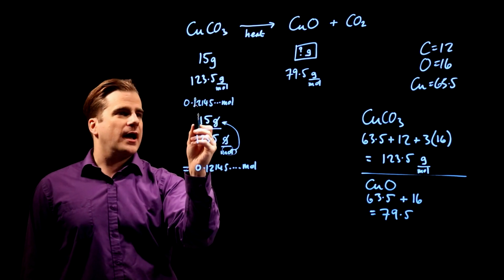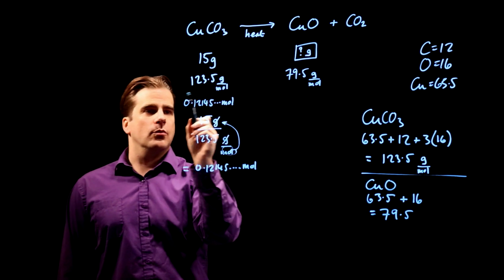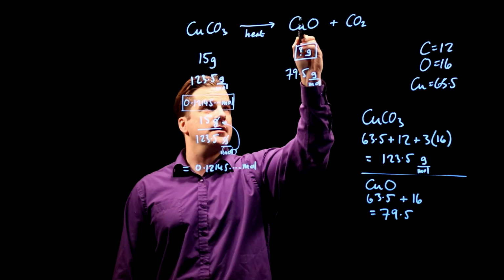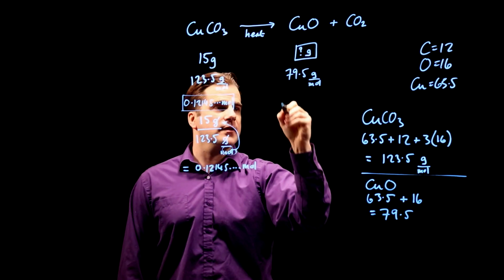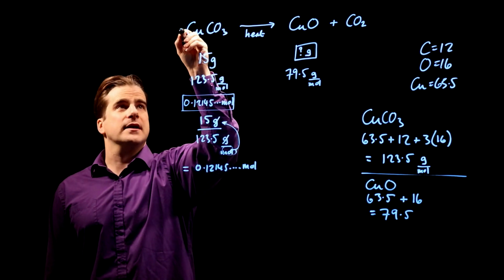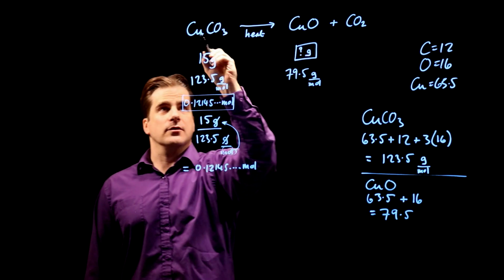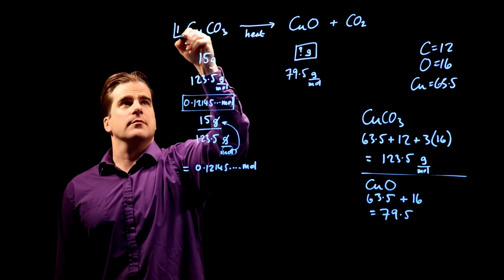So we have the number of moles of this. Now, once you've got the number of moles, you can work out how many moles of the thing on the other side of the reaction arrow you have, this thing. And you do it by looking at the big numbers in front of the molecule, okay? Now, the big numbers here are 1 in both cases.